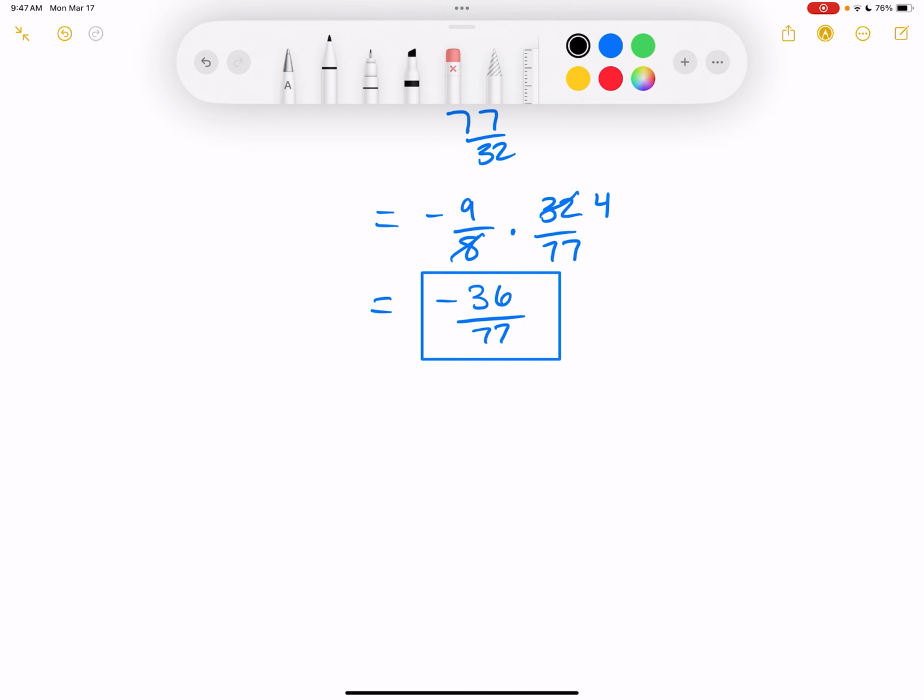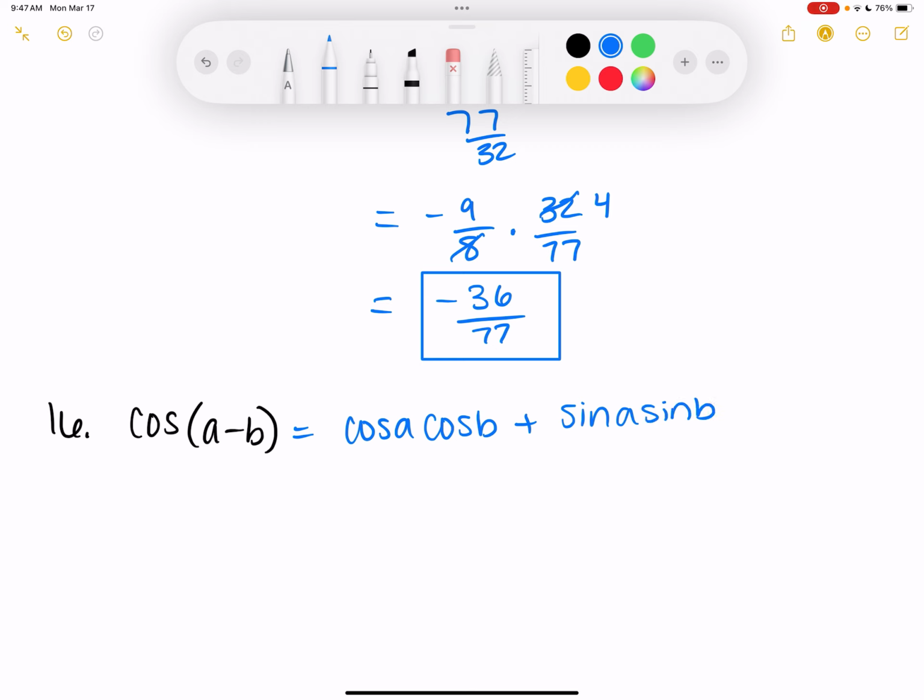All right, 16. The cosine of A minus B. What's the formula for cosine? Cosine A times cosine B plus sine A sine B. Not plus, but yes, minus. Just what I meant, it's just not what I said.